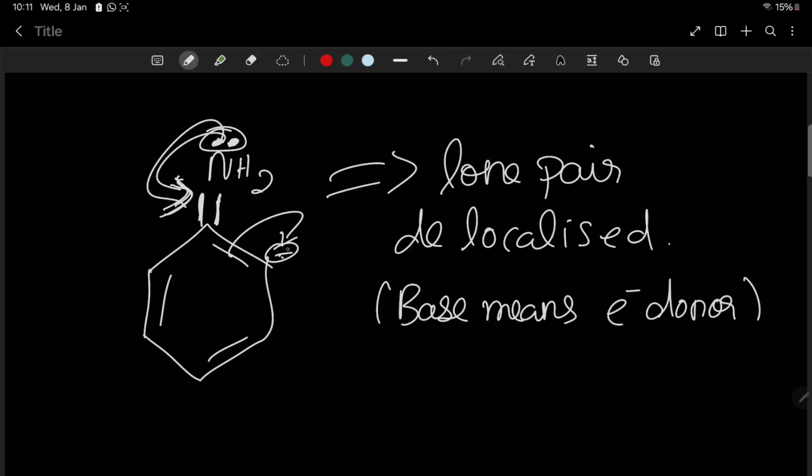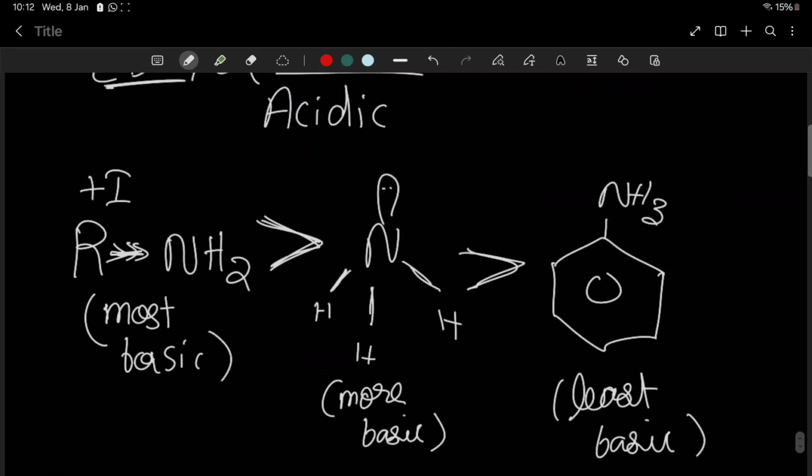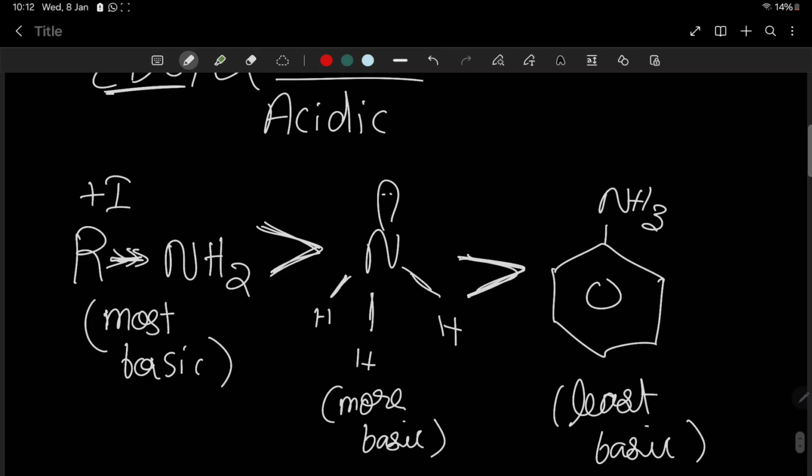This is the minus charge, in conjugation, at ortho and para positions. So the electron pair is not available for forming an acid-base bond, and the basic character decreases. Among these three, aromatic is least basic, then ammonia, then the most basic is the aliphatic amine.